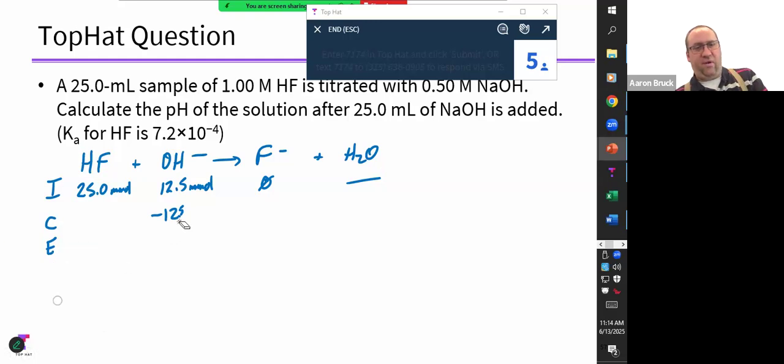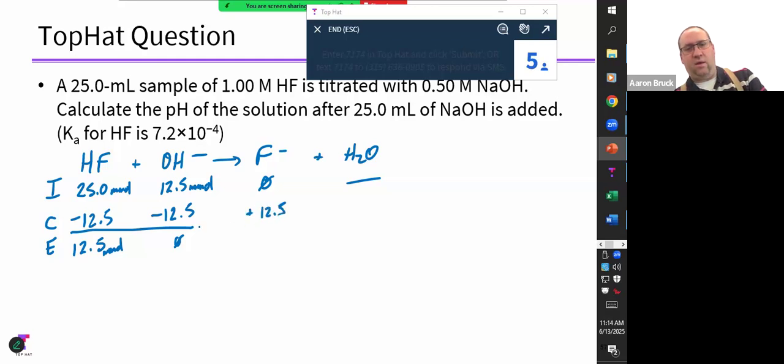So 12.5 off of each means that we have 12.5 millimoles of HF, no hydroxide, and 12.5 millimoles of the fluoride.